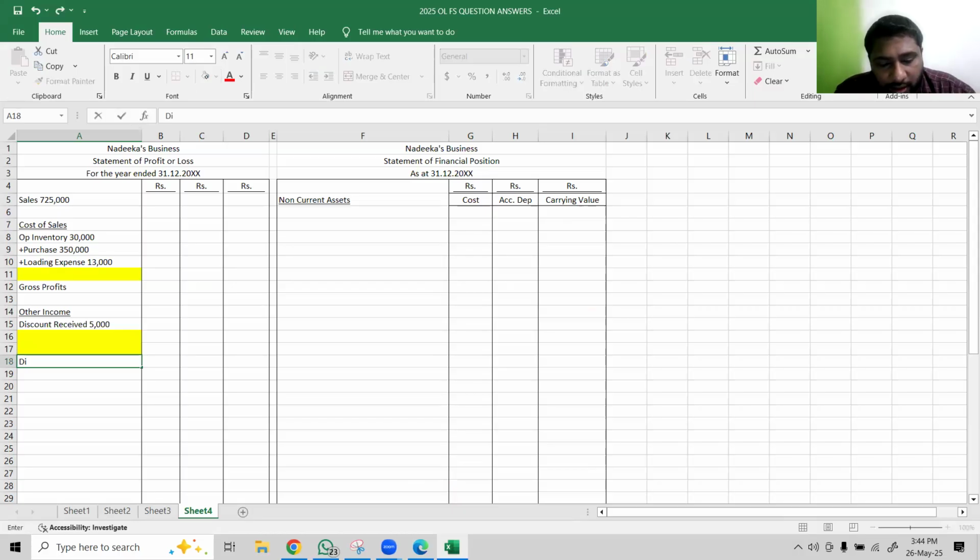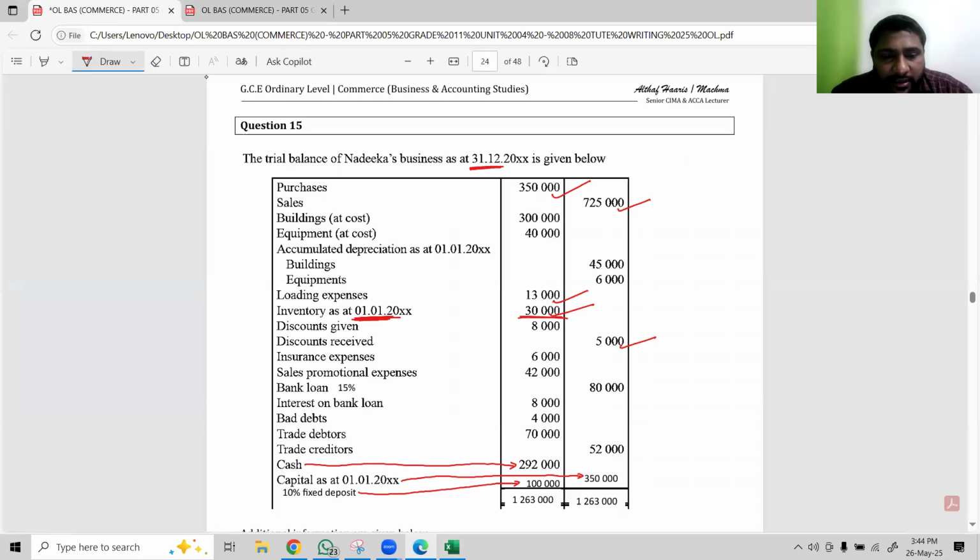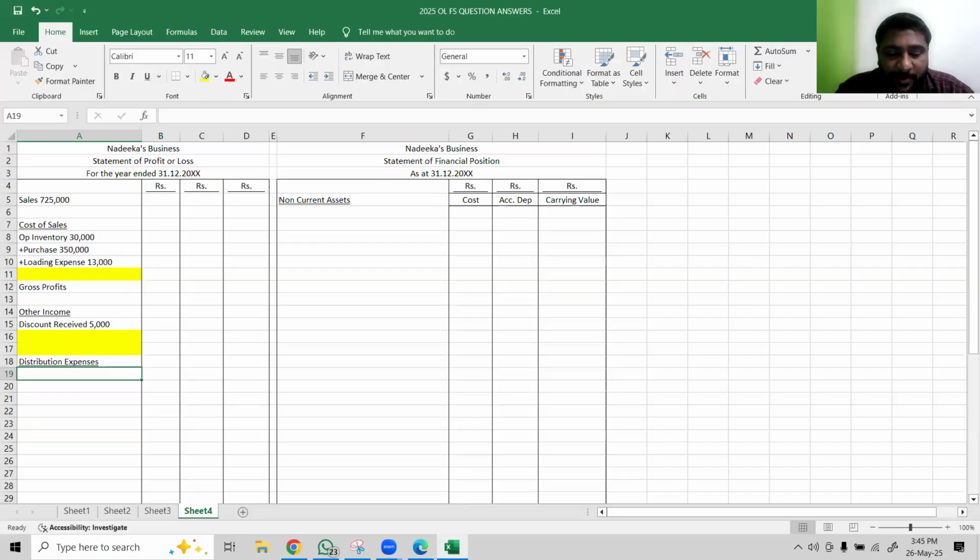And we'll move to the distribution expenses. What are the distribution expenses that we have? One is discount given. Discount allowed is connected with the customers. Customer related expenses come under the distribution expense.